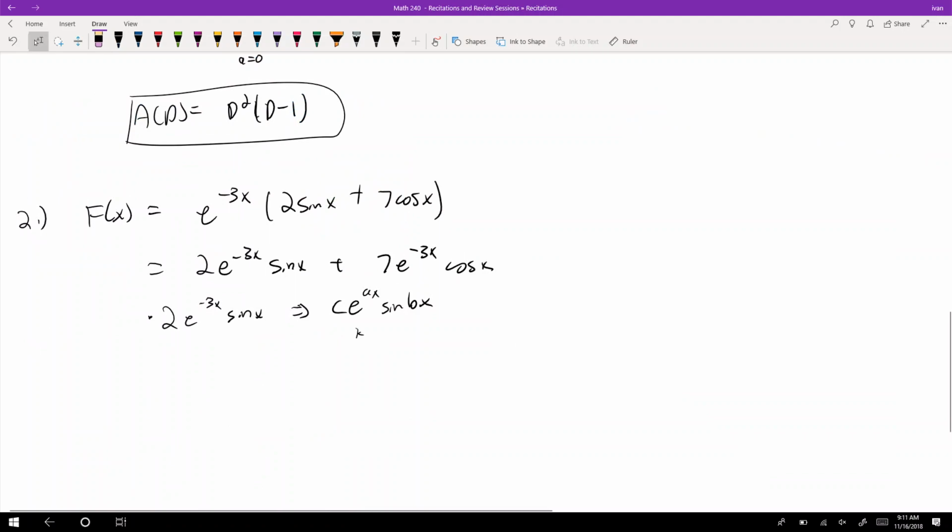So k is 0, a is negative 3, and b is 1. Okay, so we want to use this annihilator, d squared minus 2ad plus a squared plus b squared, raised to the k plus 1. And that's just d squared plus 6d plus 10.